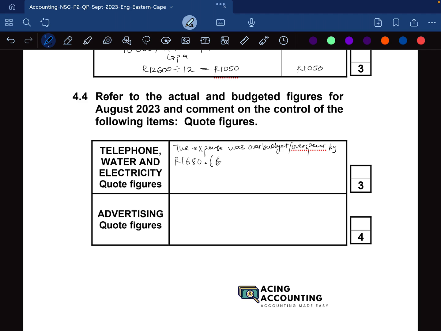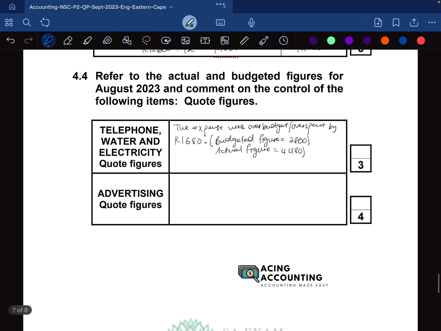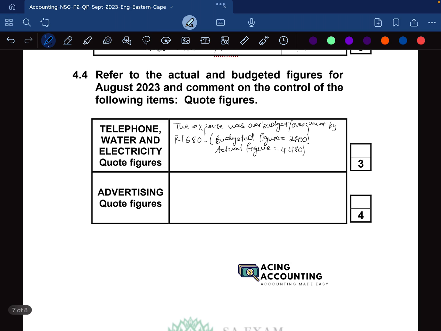So the budgeted figure was 2,800. Then the actual figure is 4,480. Okay, my calculator is still showing the numbers. And then we have quoted figures. We have commented that the expense was over budget or overspent.